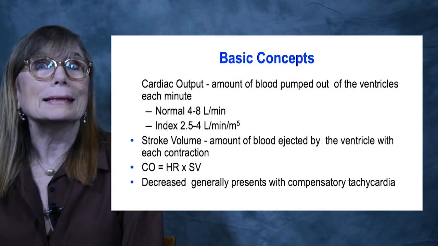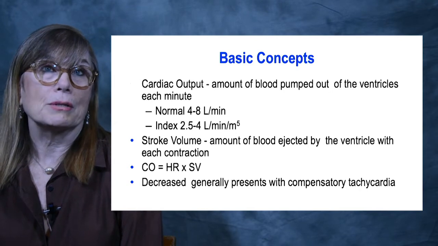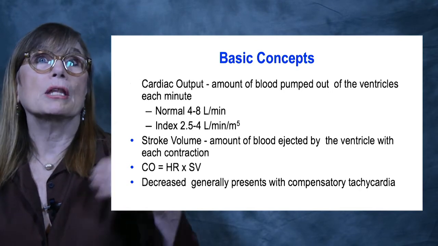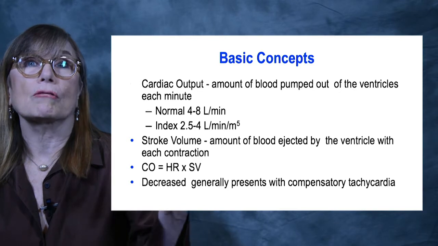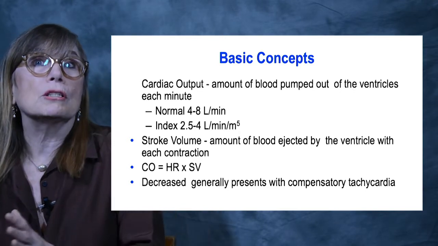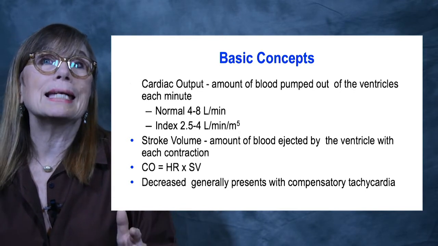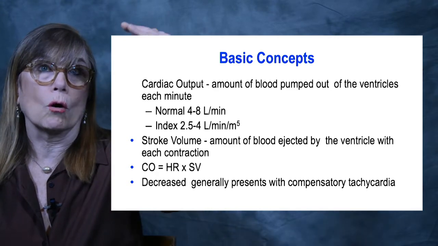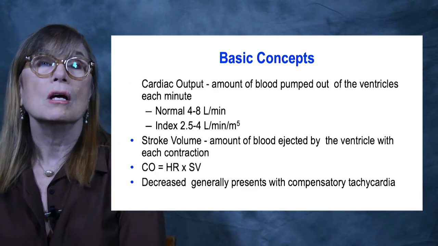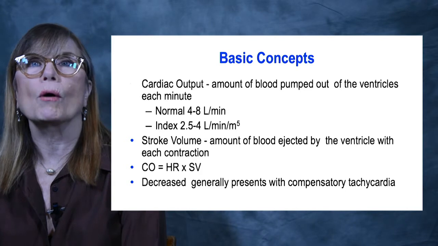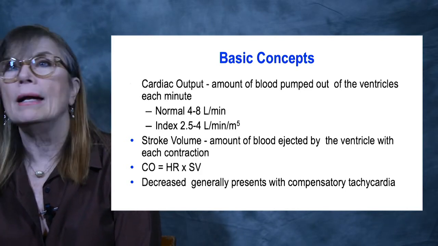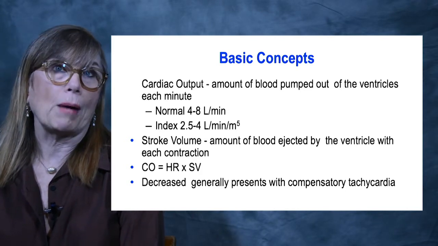All right, the last of the basic concepts is cardiac output. Remember, the amount of blood ejected out of the ventricles each minute. Normal is 4 to 8 liters per minute, and the index of that, divided by the body surface area, normal is 2.5 to 4 liters per minute per meter squared.